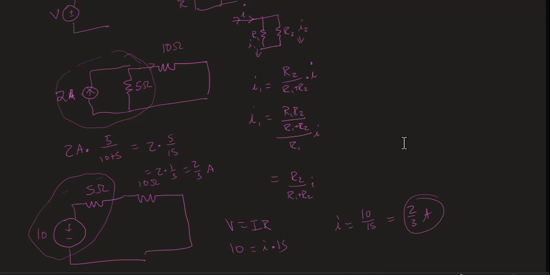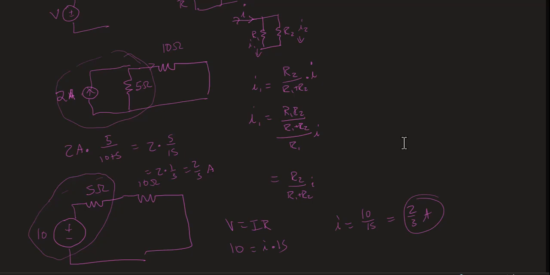If we didn't have this 10 ohm resistor, if all we had was the 10 volts and the 5 ohms, then our current would be 2 amps, just like we have here. And so they end up acting the same way.